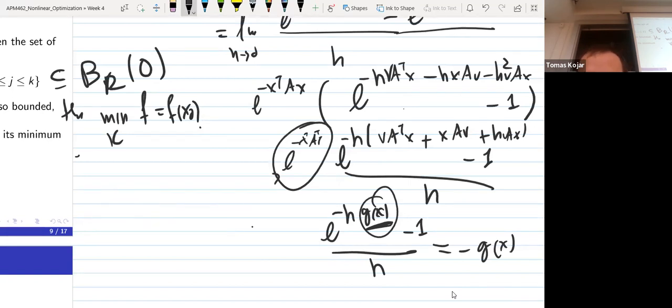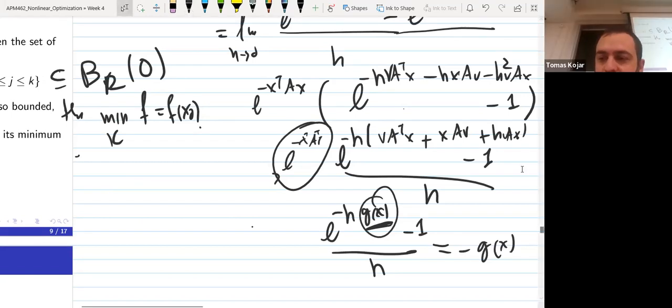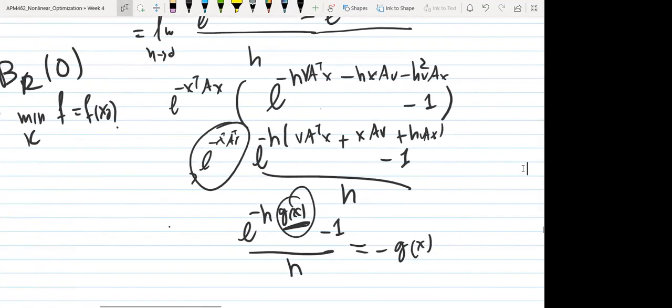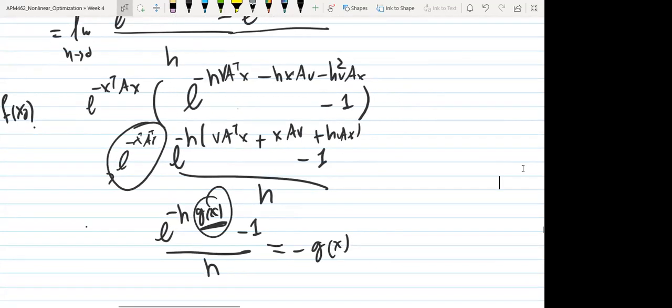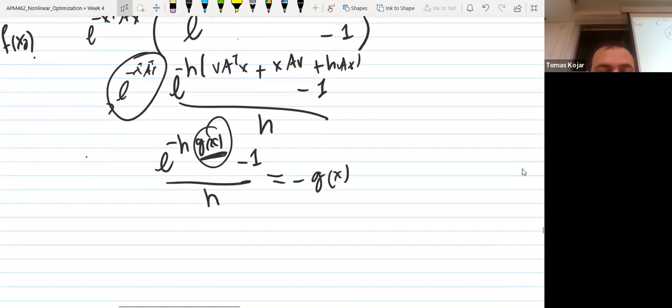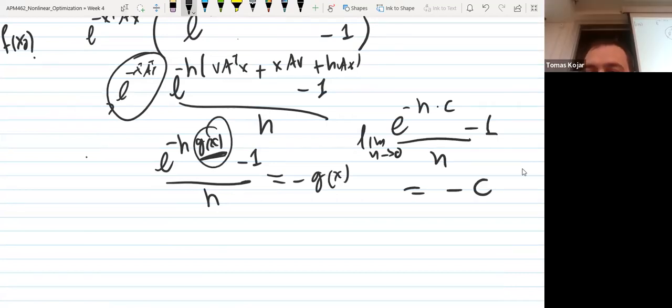Sorry, can you repeat that one more time? From when you get to e to the power of negative h gx. This is first year calculus, right? It's of the form minus h times some constant, minus 1, over h. If you take the limit of this, you get minus c.